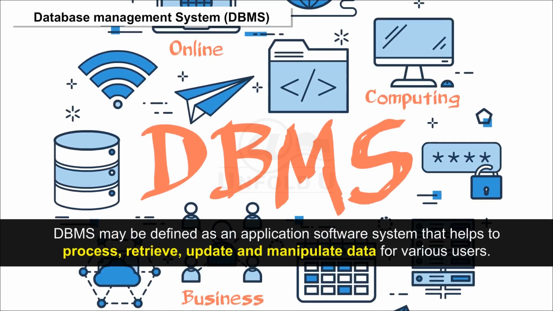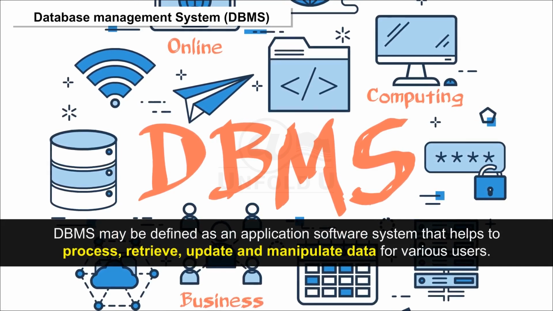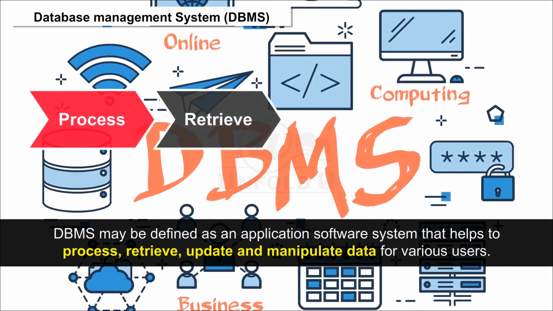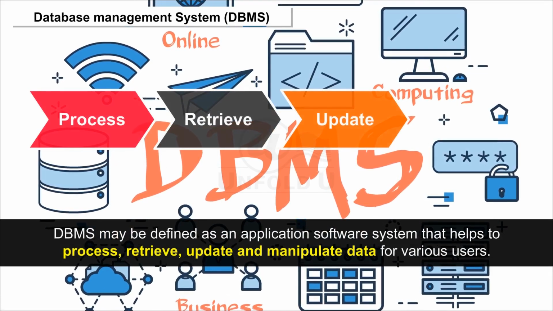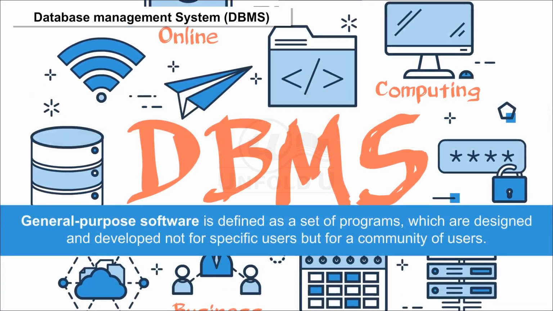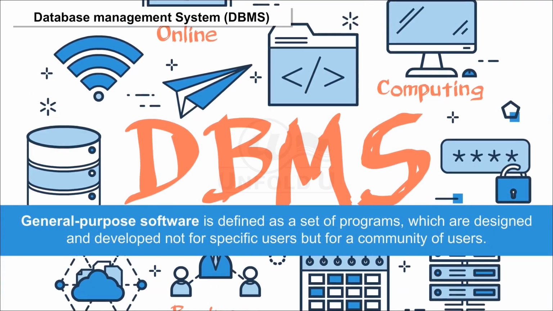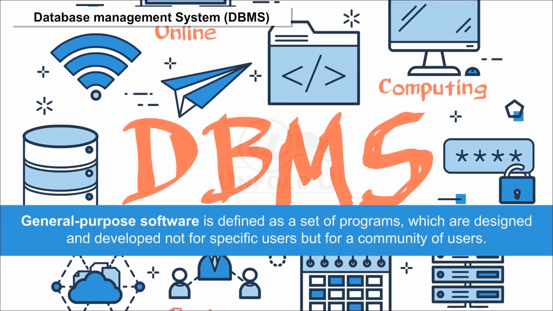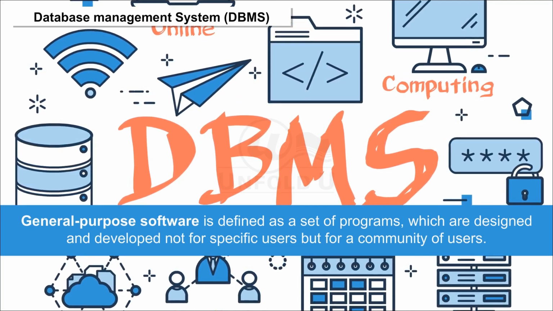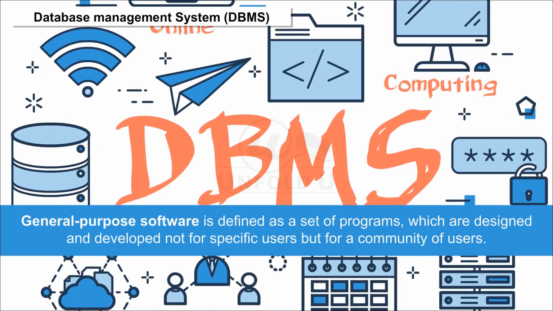DBMS may be defined as an application software system that helps to process, retrieve, update, and manipulate data for various users. General purpose software is defined as a set of programs which are designed and developed not for specific users but for a community of users.